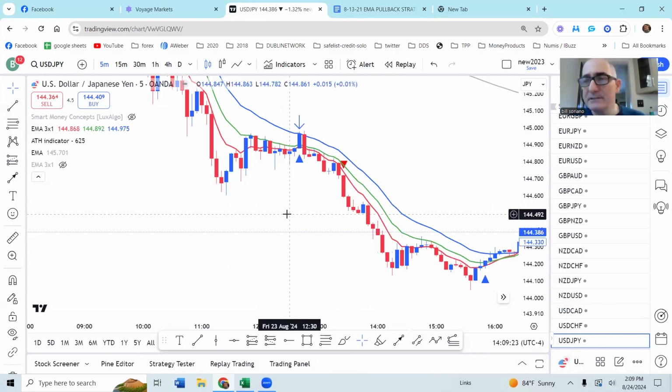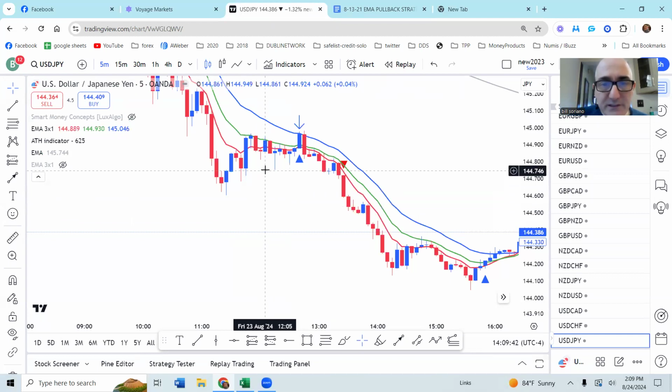Now, this assumes that you're able to watch the charts and manage your trade. So what if you're not able to do that? What if you identify this setup and you have to either leave, go to work, run some errands, or it's time for you to retire for the night and go to bed?